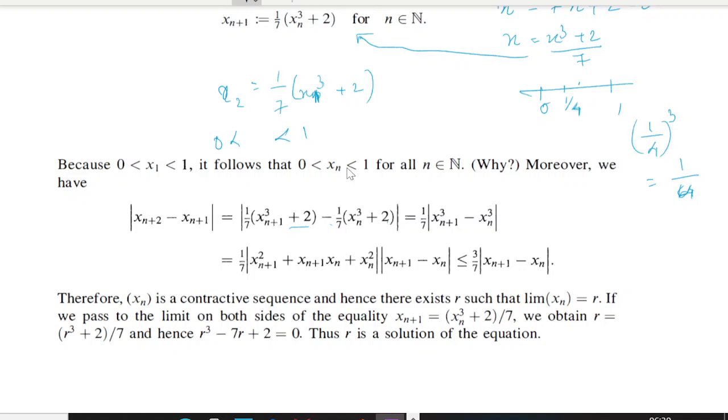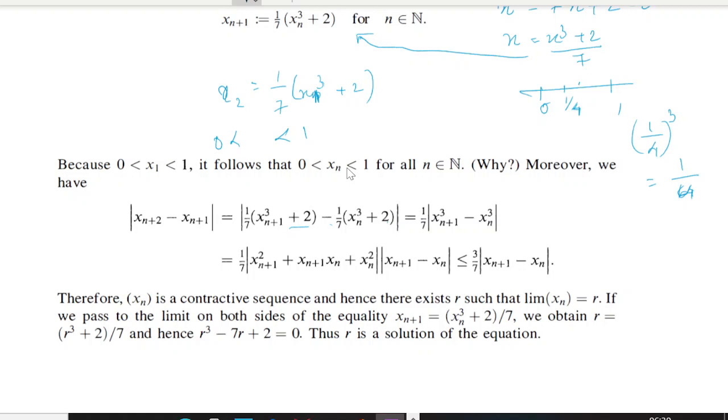See, x_{n+1} into x_{n+1}², you will get x_{n+1}³. Next, x_{n+1} into x_n, and the same way you will get x_n into x_{n+1} also, right? So this is a minus value, this is a plus value, it will get cancelled. So the next term should be x_n² into x_n, minus. So it will result in x_{n+1}³ − x_n³.